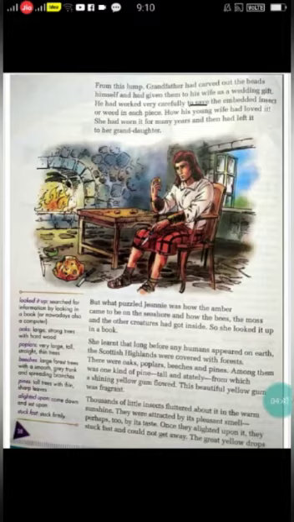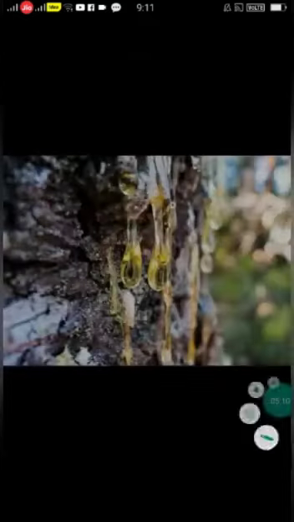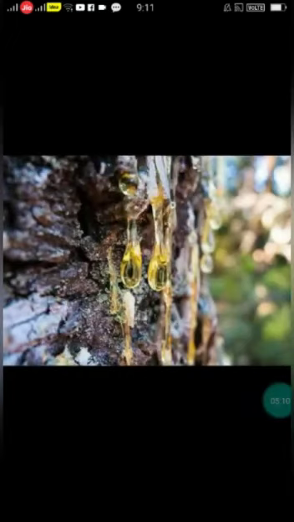Scottish Highlands, pine tree. From that pine tree, yellow gum used to flow, and that was fragrant. We have seen the story till here, right? So this is the pine tree where you can see the yellow gum which is flowing from the trunk of the tree.